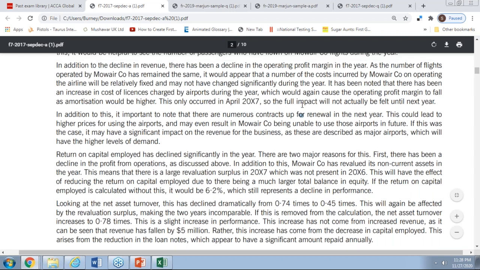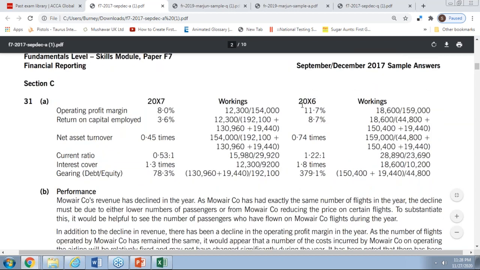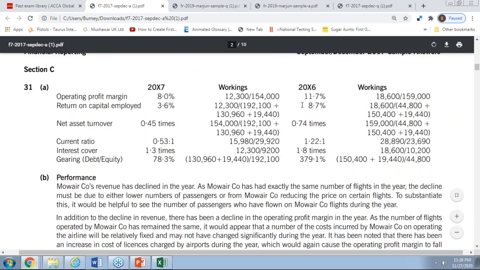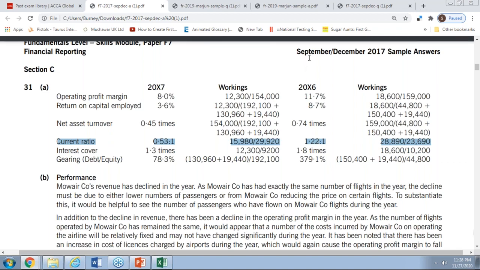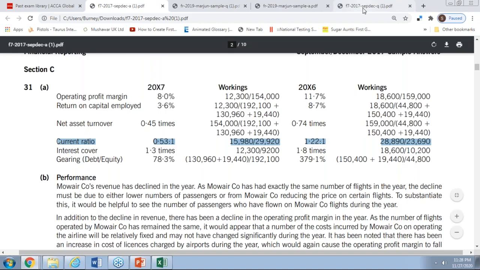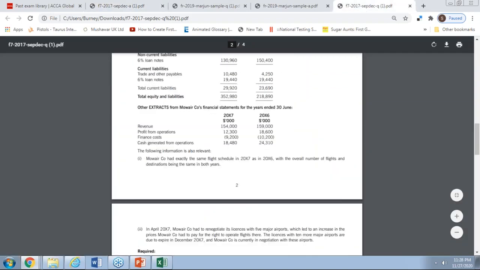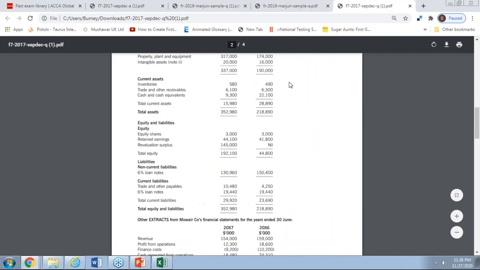Okay, the second phase is the position analysis. When we talk about the current ratio, you can see here that the current ratio of the business goes down from 1.22 to 0.53. So who is the ultimate responsible party for this? You can see here that there is a substantial decline in the cash over the period.